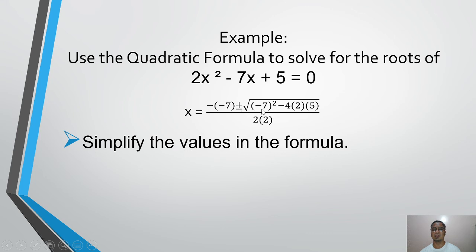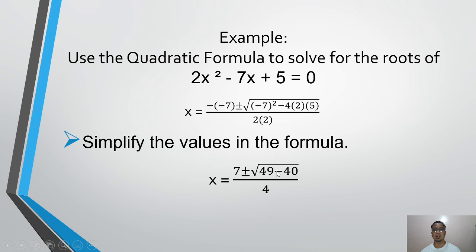So, if the values are here, ang una mong isi-simplify yung nasa loob. Okay? So, halimbawa, negative times negative, positive na siya. Okay? Plus or minus the square root of negative 7 squared, this means negative 7 times negative 7. So, kahit ano pa ang mangyari dito, positive ang sagot, 49.